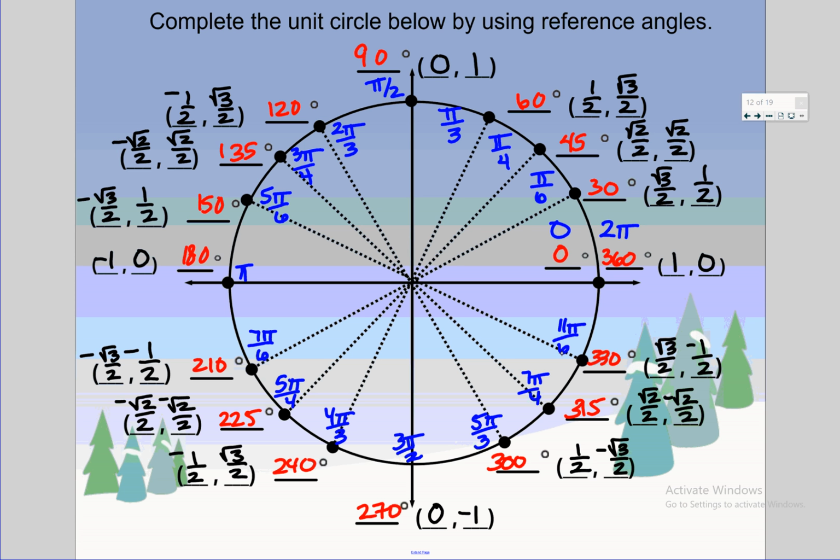So for any of these points, 315, find it, divide sine over cosine, or y over x. If I do negative rad 2 over 2 divided by positive rad 2 over 2, what am I going to get? -1. Make sense?